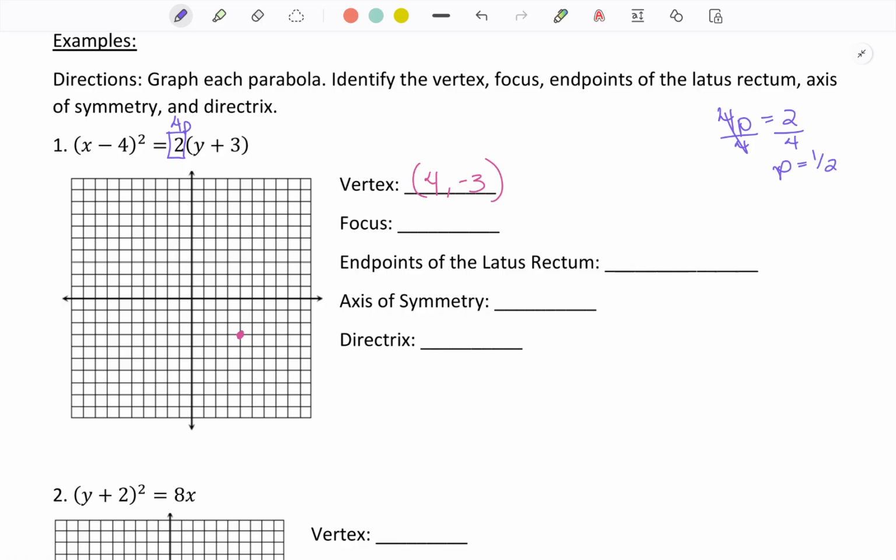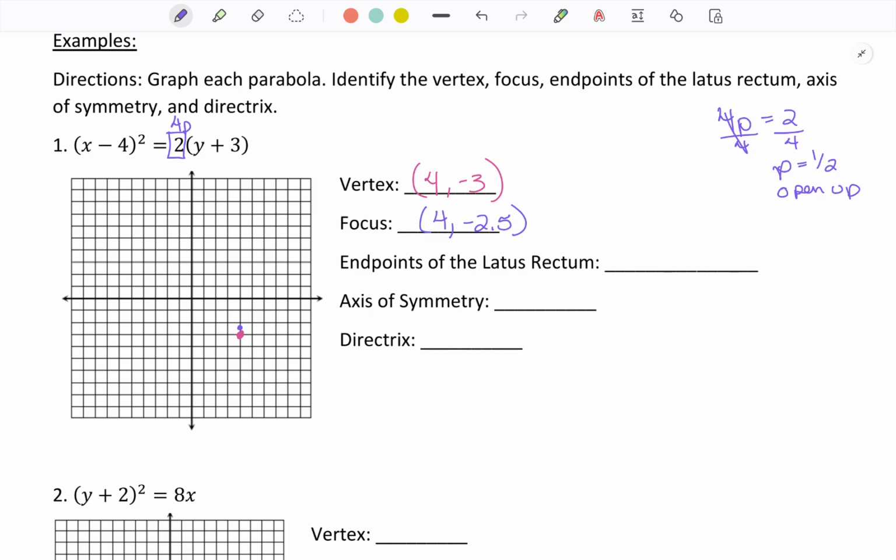And so since p is greater than 0, we are going to open up. And that means that our focus is going to be 1/2 unit up from our vertex. So that puts us at 4, -2.5. So right here.